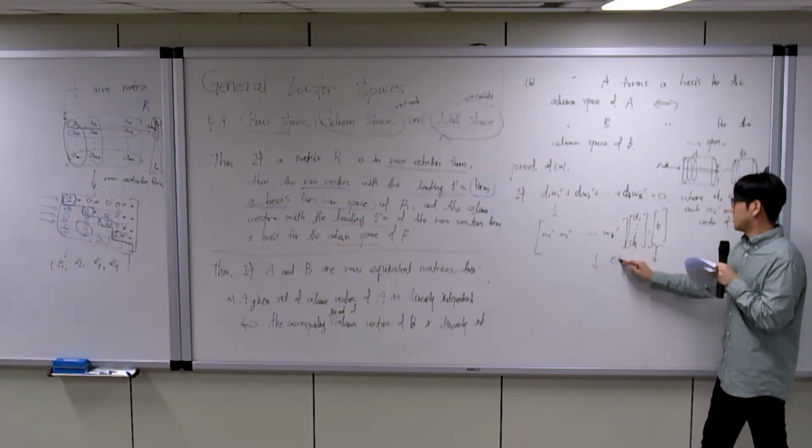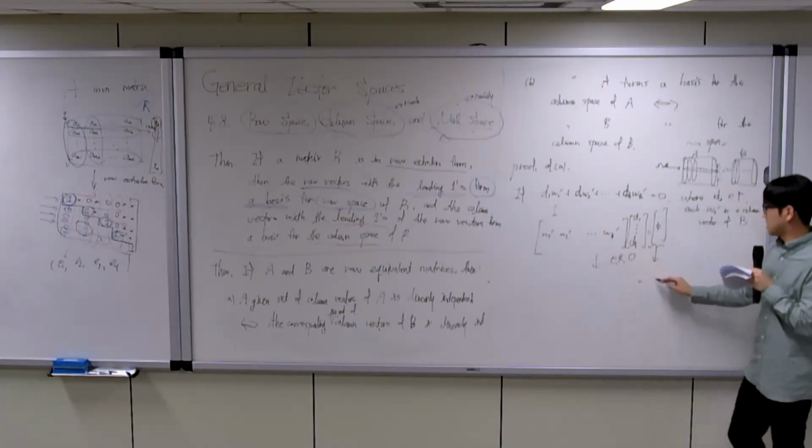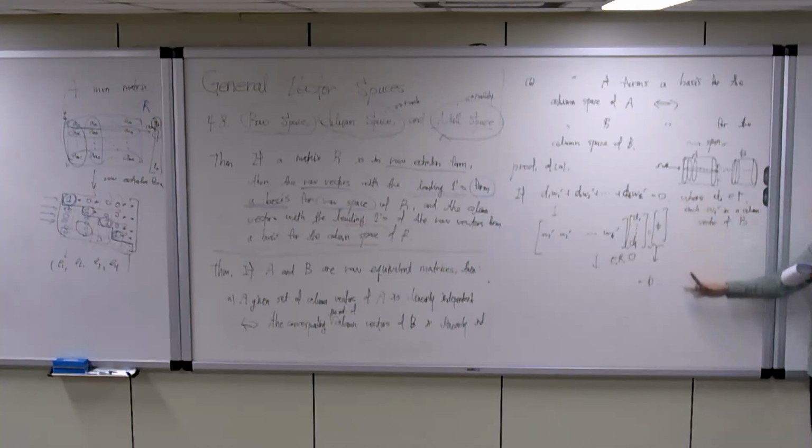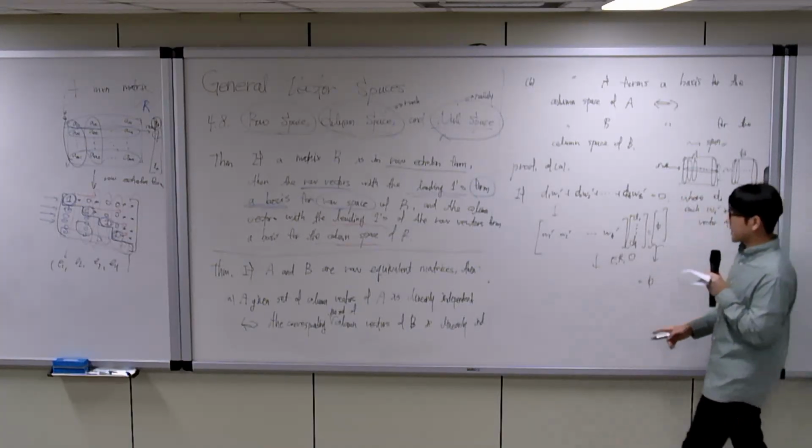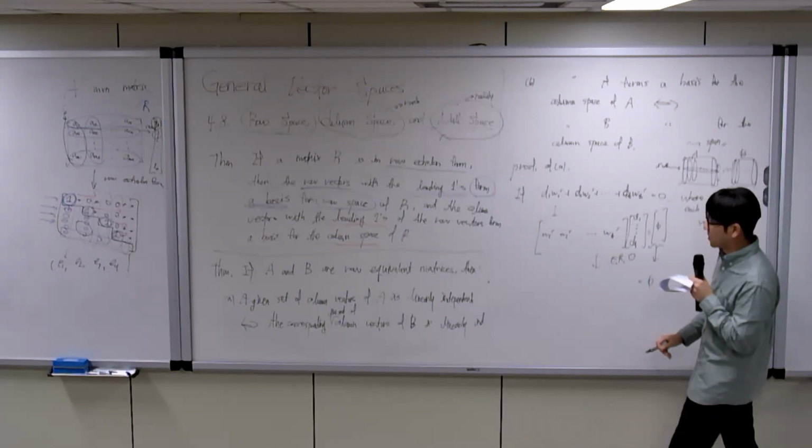Elementary row operations will not change the right side.